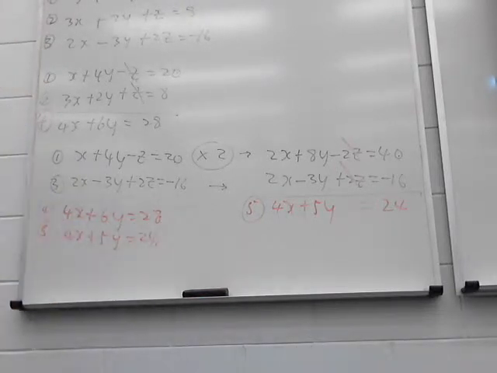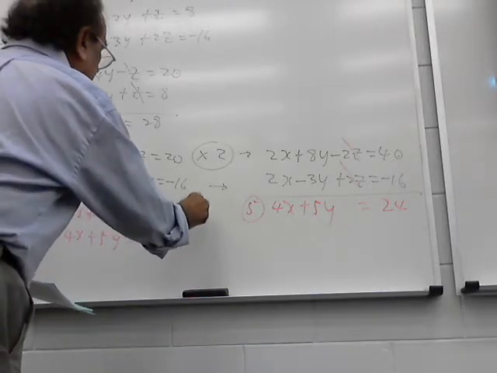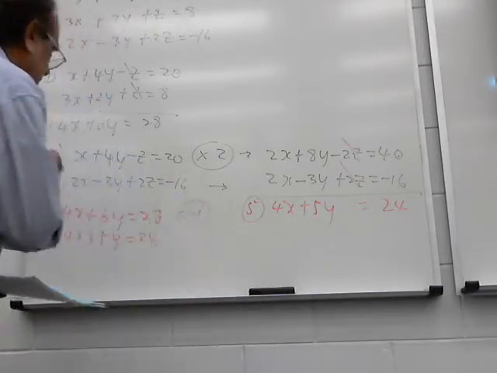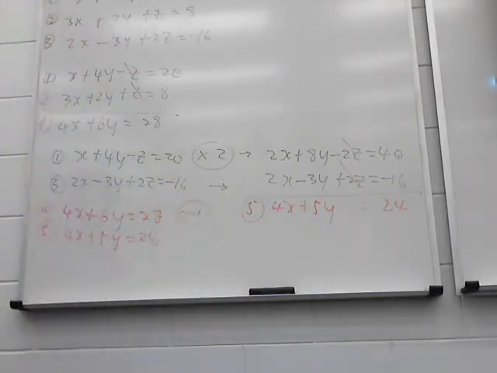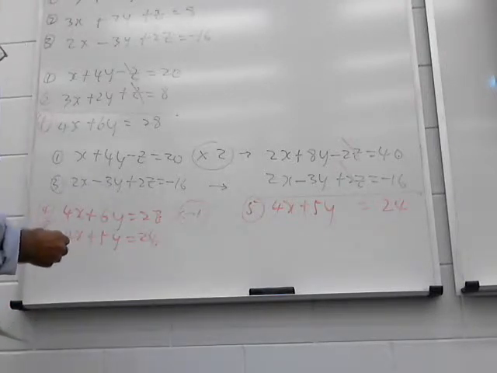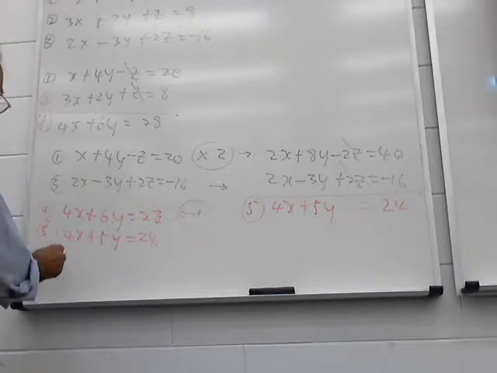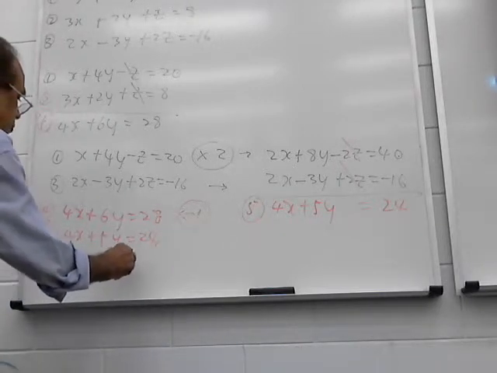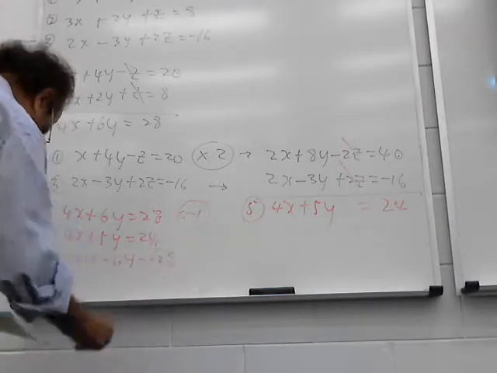So right away I see with these two, if I multiply one of them by minus 1 and I add, I will knock off the x, and then I will end up with just y. If I multiply this one here by minus 1, I will have minus 4x minus 6y equal to minus 28.